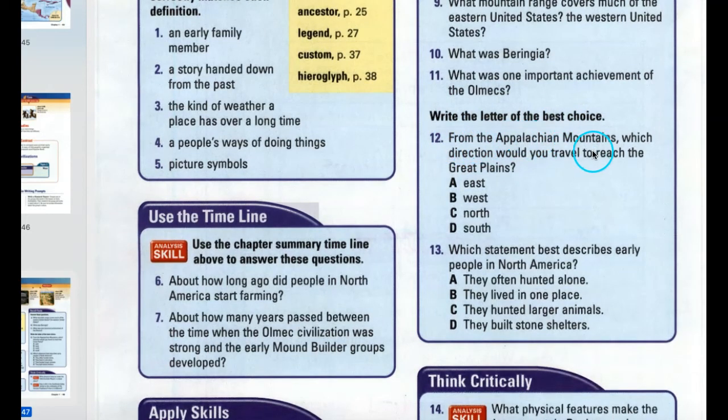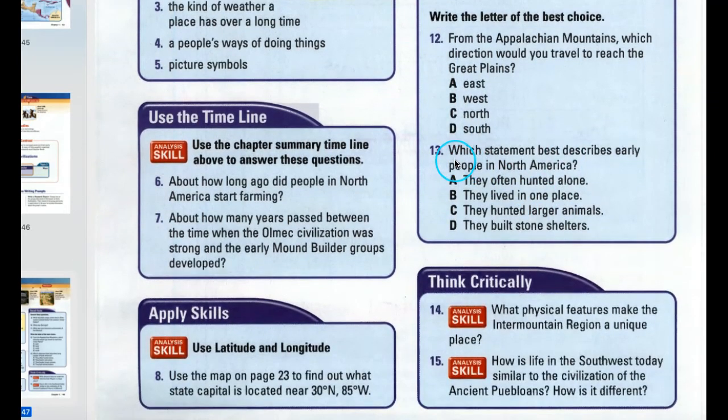From the Appalachian Mountains, which direction would you travel to reach the Great Plains? Would you travel east, west, north, or south? Number 13. Which statement best describes early people in North America? They often hunted alone, they lived in one place, they hunted larger animals, or they built stone shelters.